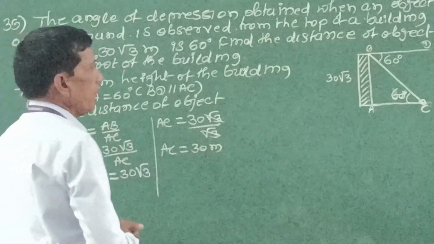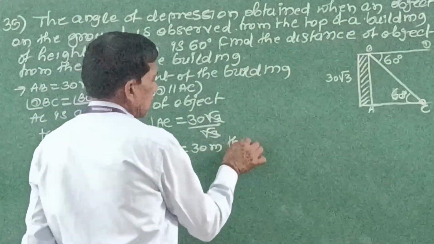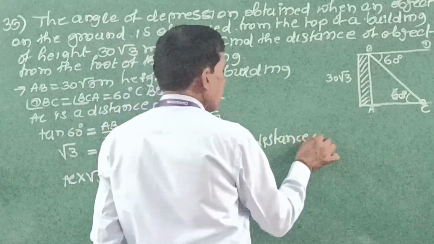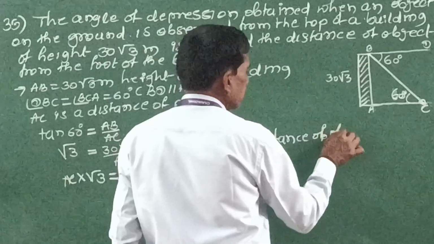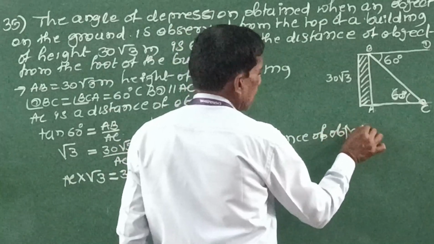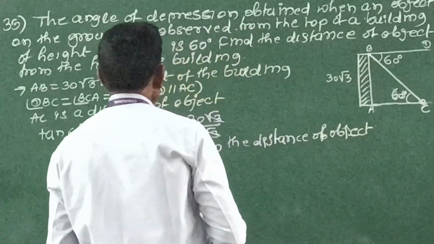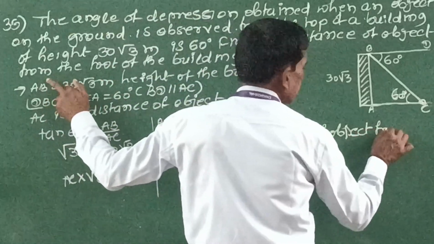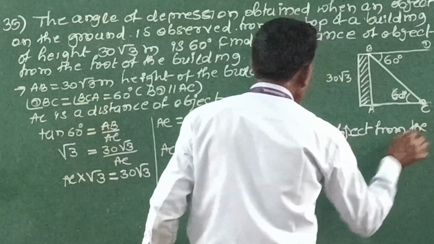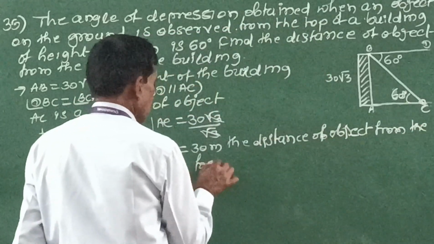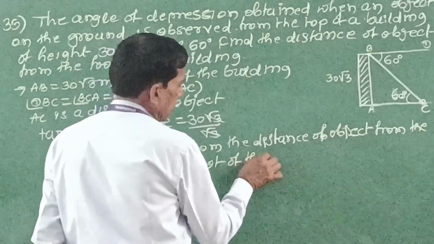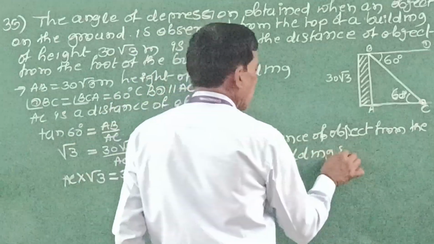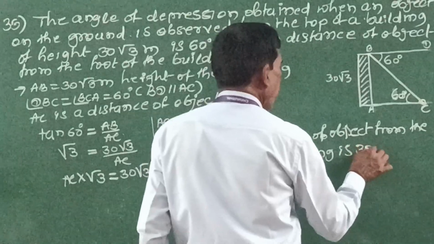The distance of the object from the foot of the building is 30 meter.